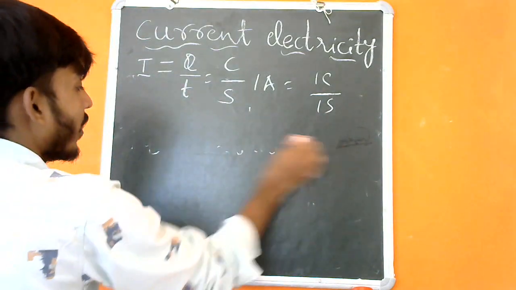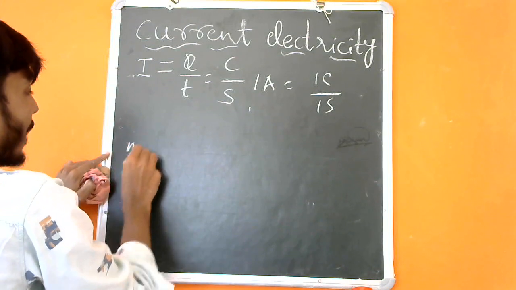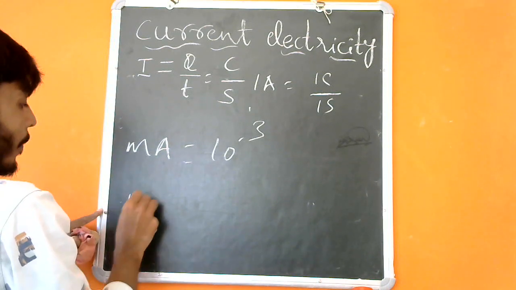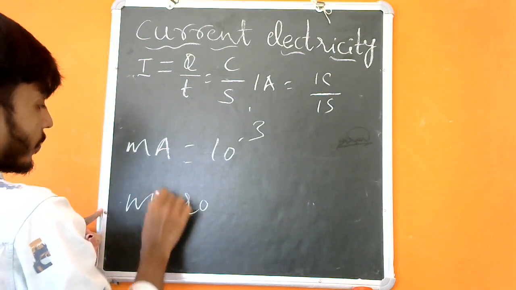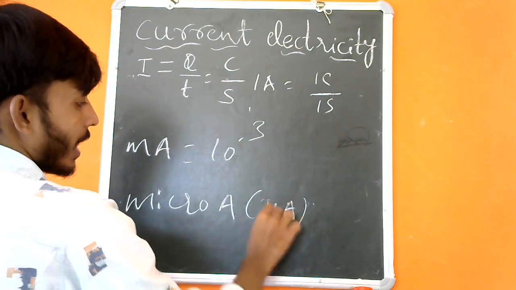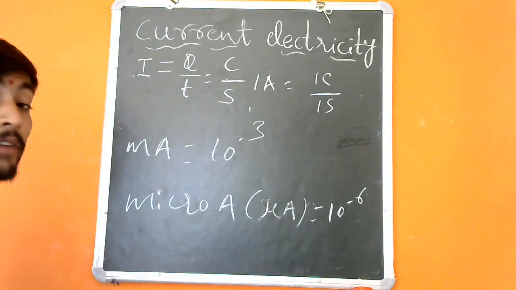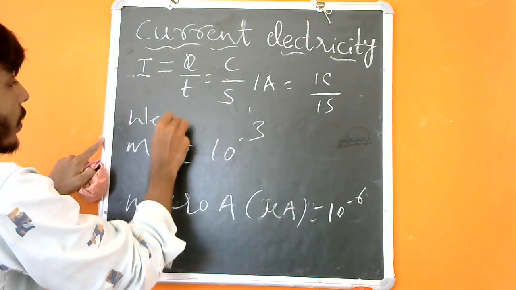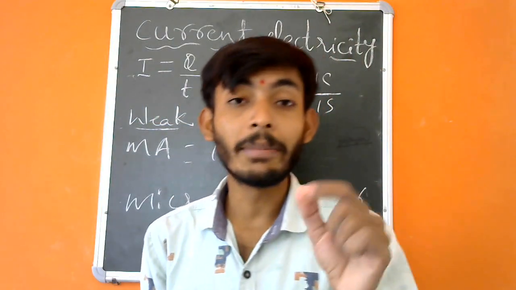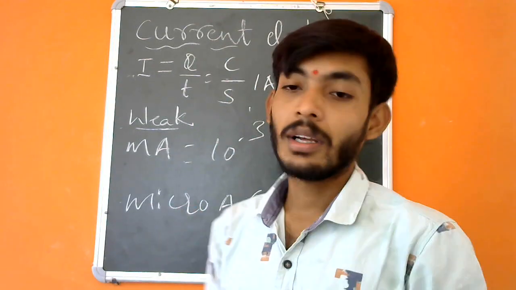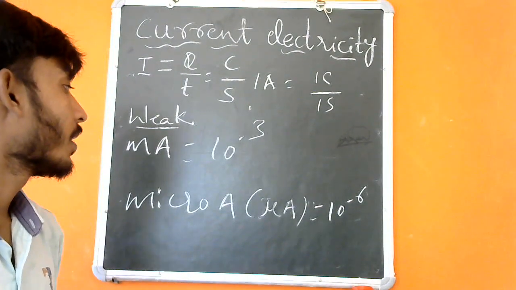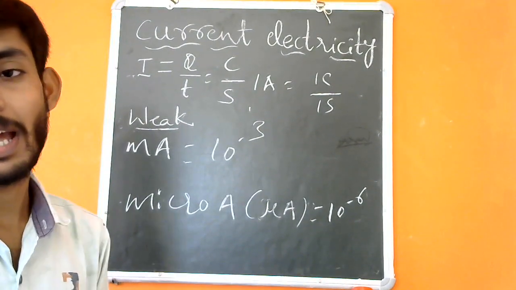Weak currents are measured in milliamperes, where milli means 10 power minus 3, and microamperes, which is 10 power minus 6.